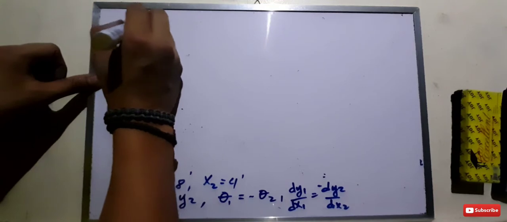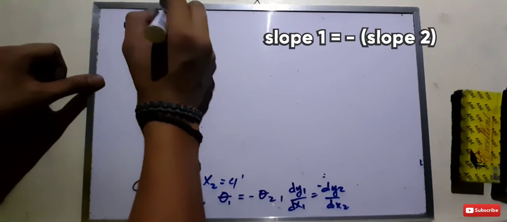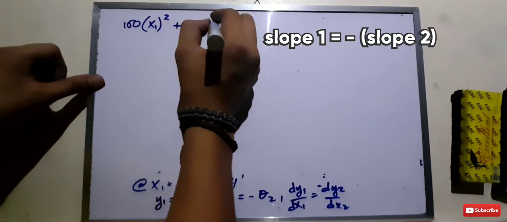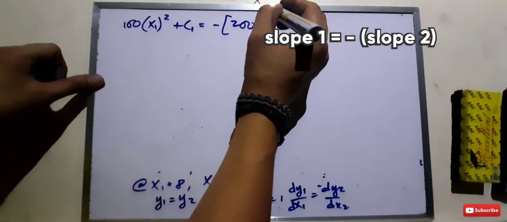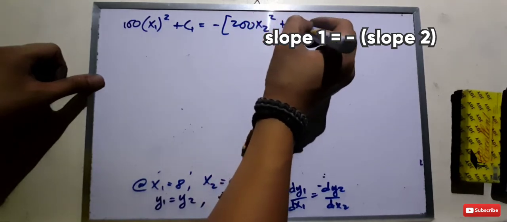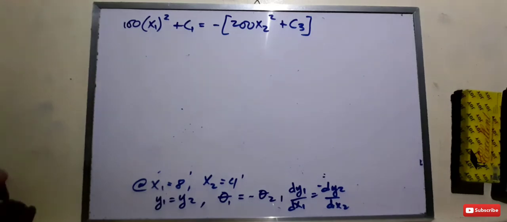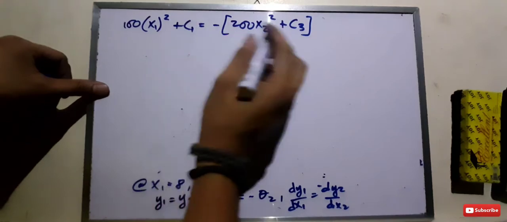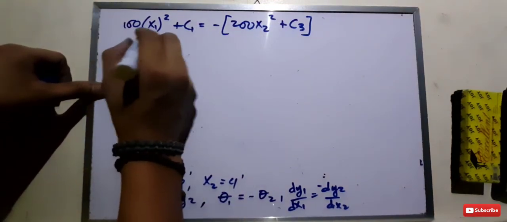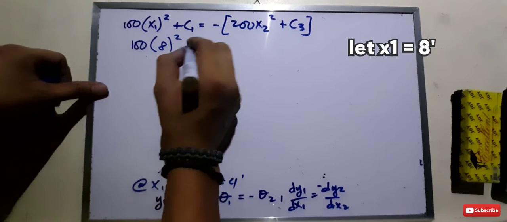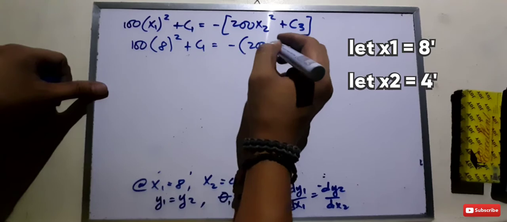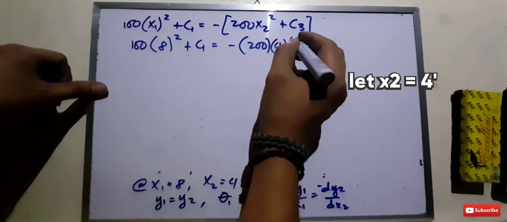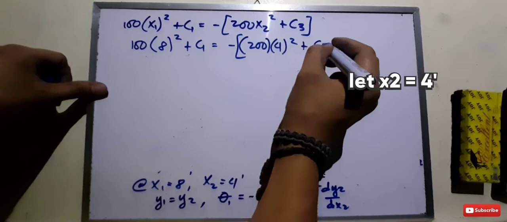100 x1 squared plus C1 equals negative of 200 x2 squared plus C3. Yun yung equation kanina. Tapos may negative sign. You will have an equation of C1 and C3. Evaluate lang natin. Ito ay magiging 100 times 8 squared plus C1 equals negative of 200 times 4 squared plus C3.